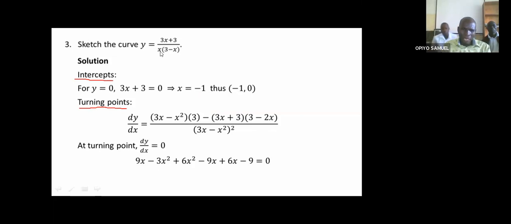Remember, we have already expanded this by taking the x inside, so that we have 3x minus x squared. So v will be the denominator, which is 3x minus x squared, then du by dx, which is 3, minus, now u, our u will be 3x plus 3 times the derivative of the denominator, which is 3 minus 2x.